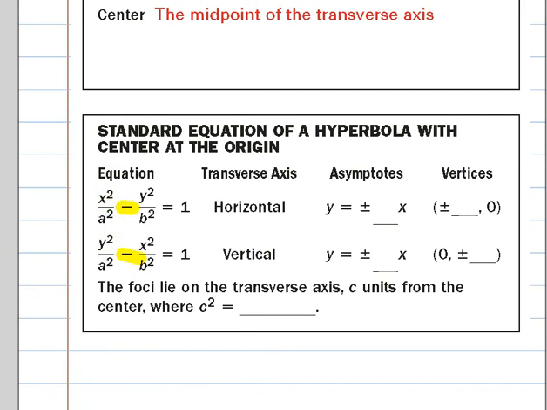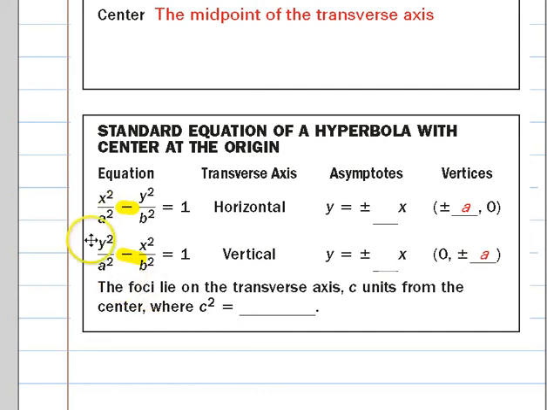That means we have a horizontal hyperbola, and the vertices are going to be on that axis. In this case, since the origin is at 0, they're going to be on the x-axis. And if we have the larger number underneath the y, then the vertices are going to be on the vertical axis, which is the y-axis.